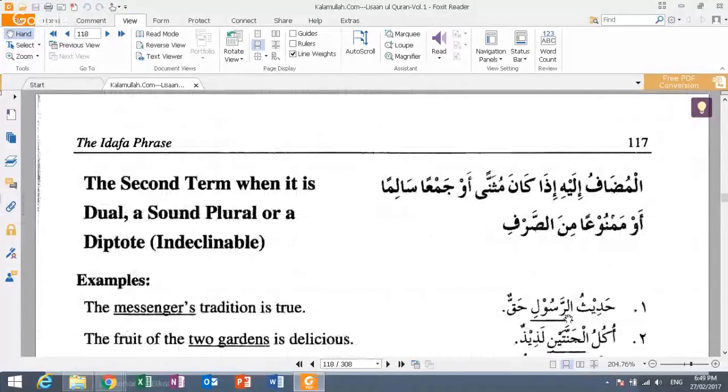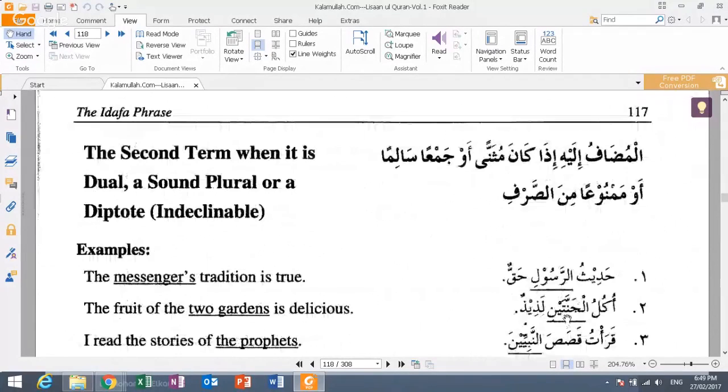The second term, when it is a dual, a sound plural, or a diptote, indeclinable. Examples. So basically, when the mudaf ilayh is dual, musanna, tasniya, or jam'an saliman, jama salim, sound plural. Jama salim, remember? Muslimuna, and this is for muzakkar in Rafi case.